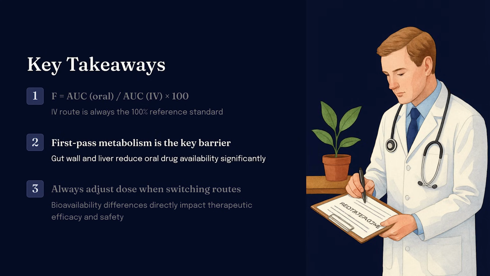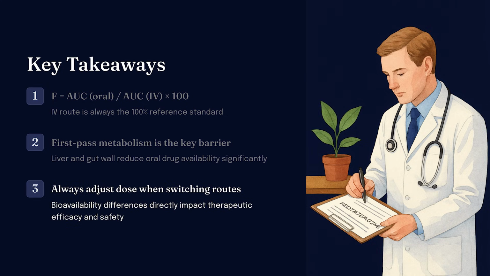Second, first-pass metabolism is an important barrier to oral bioavailability. Metabolism in the gut wall and liver can significantly reduce the oral drug reaching systemic circulation. And third, when switching between IV and oral routes, bioavailability must be considered while adjusting the dose because differences in bioavailability can directly affect therapeutic efficacy and safety.